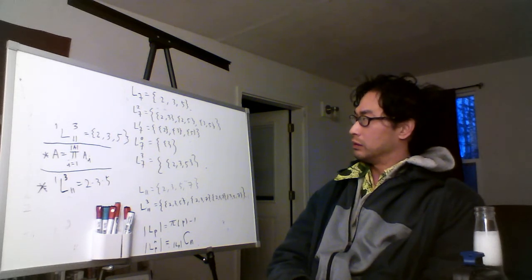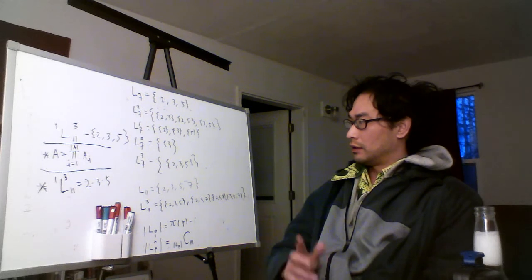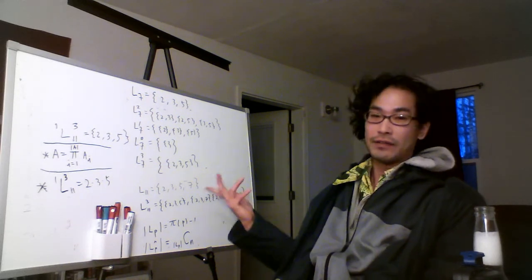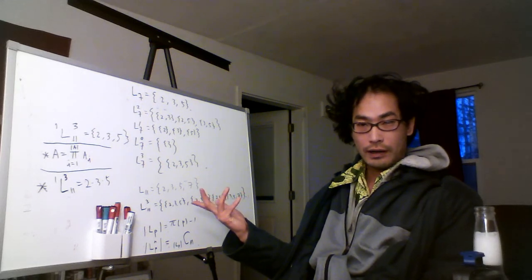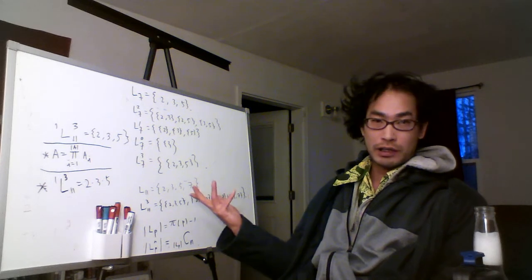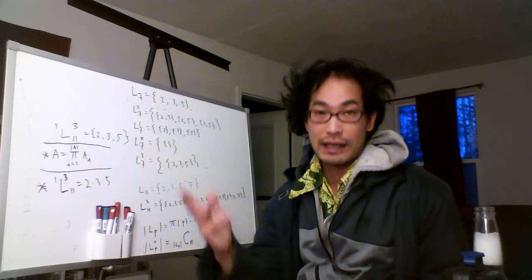The filtered composite set of 7 is a set of multiples that does not involve any primes less than 7.